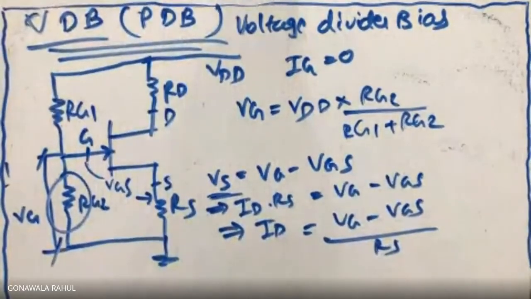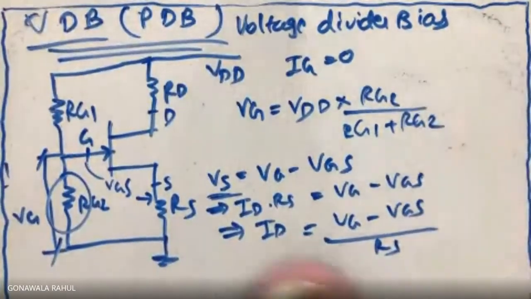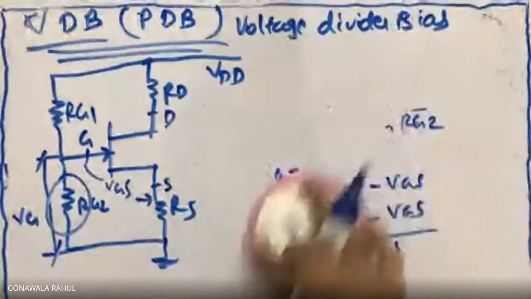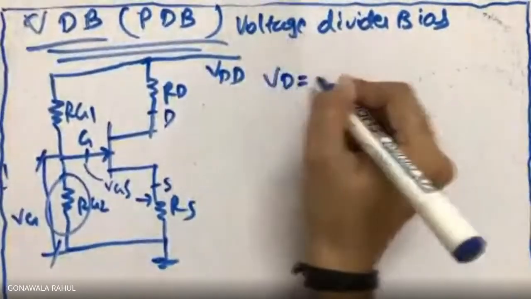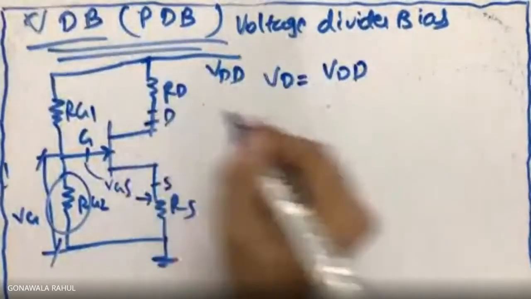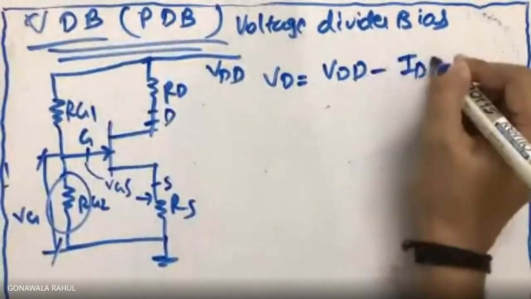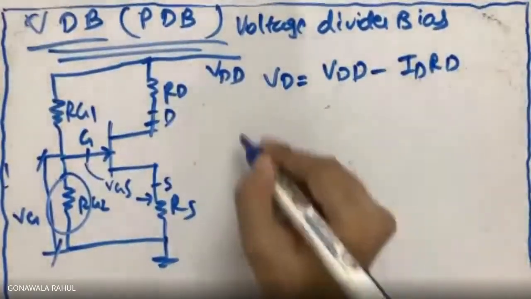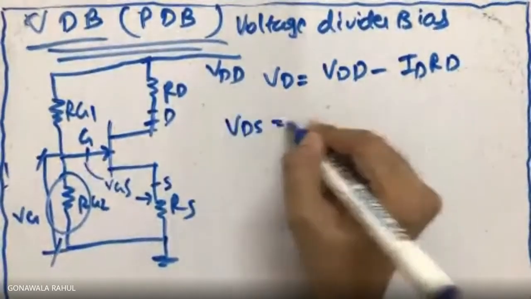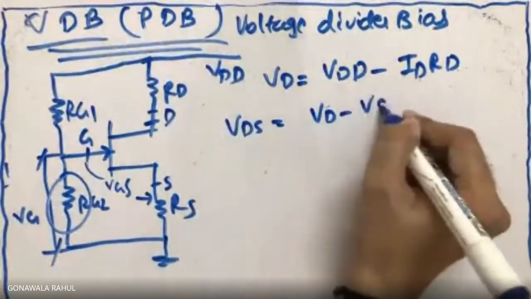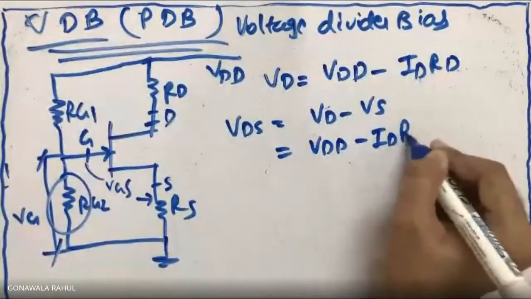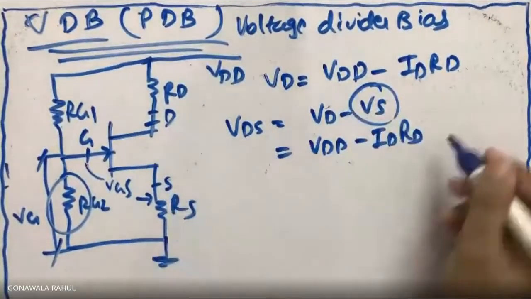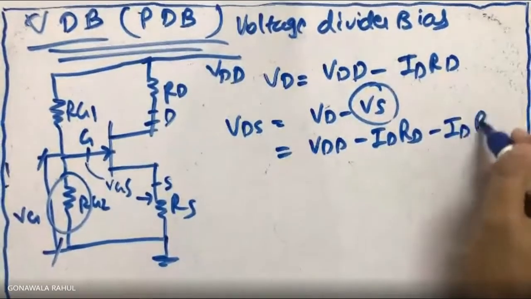Now, what is VD? VD is the drain voltage. VD is equal to VDD minus ID into RD, that we know. So I can say VDS is equal to VD minus VS. VD is, we know, VDD minus ID RD, and VS we have already, ID into RS.